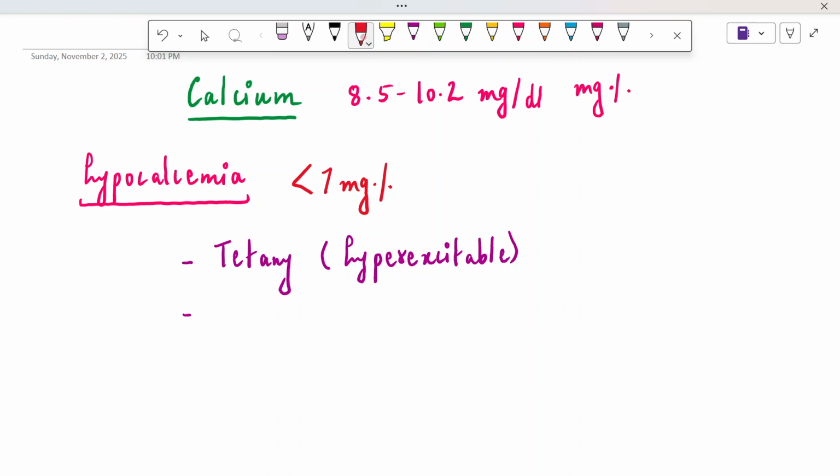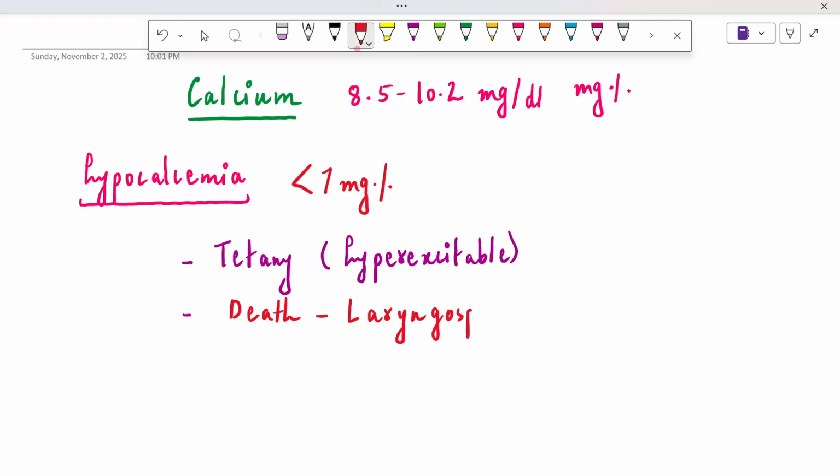And in case of hypocalcemia, the death is mainly due to laryngospasm. It's a very dangerous situation in which the calcium level decreases so low that the patient can die.